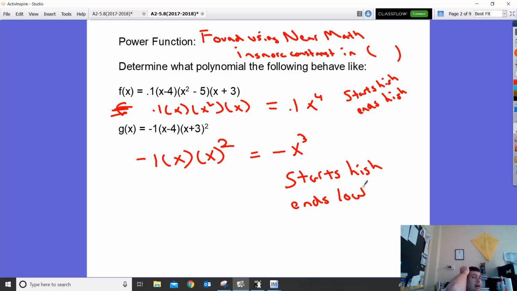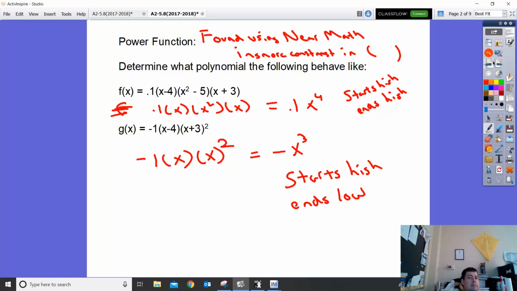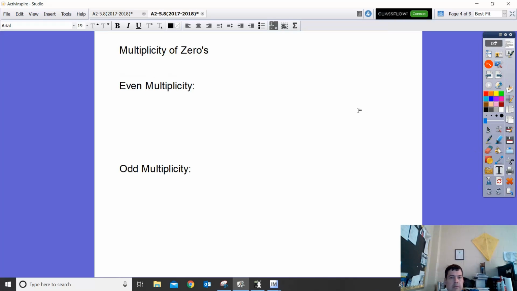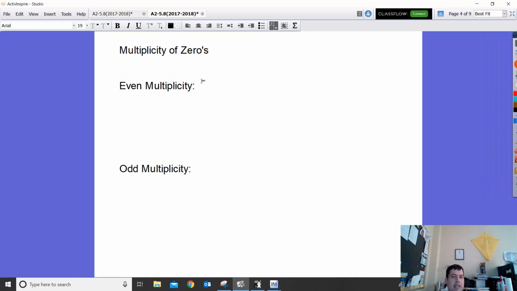We're only going to do one graph because they all work pretty much the same. But before we do that one graph, we're going to jump to the multiplicity of zeros. Now, even multiplicity, I'll give you an example.